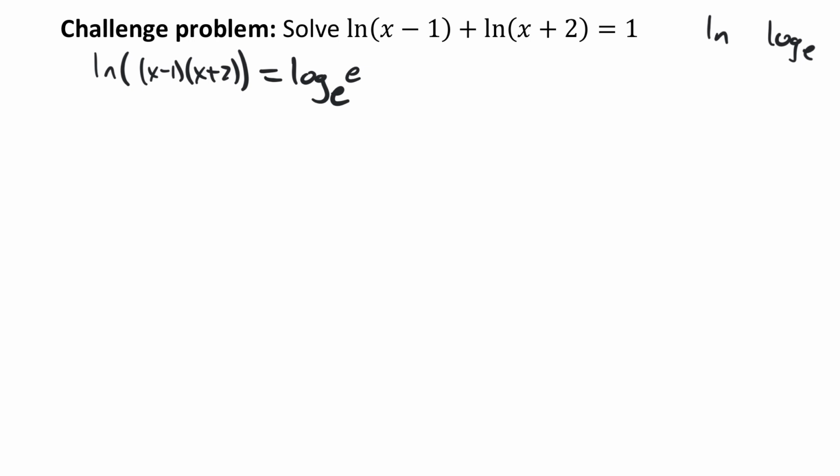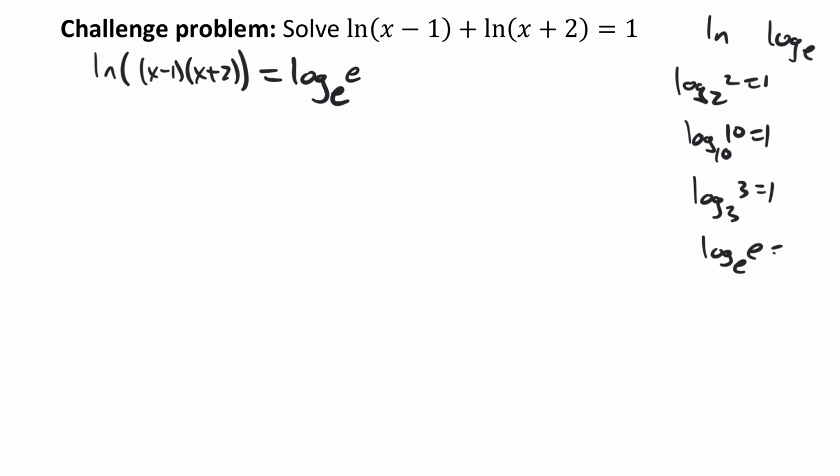I think log base e of e would be 1, right? Because what power of e do you need to get e? The power is 1. This is a little life tip. Log base 2 of 2 is 1. Log base 10 of 10 is 1. Log base 3 of 3 is 1. Log base e of e is 1. In other words, ln of e is 1.